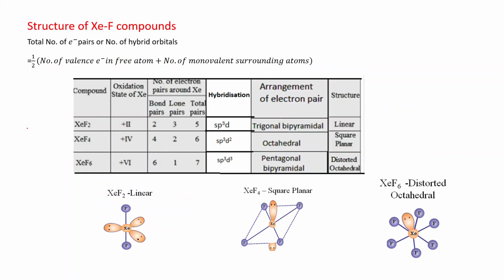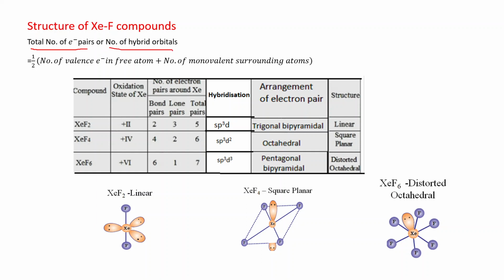Structure. This is again one of the important parts of group 18 elements. Structure of xenon-fluorine compounds. We can determine the structure either by VSEPR theory or by the hybrid state of the central atom. In both cases we have to find the total number of electron pairs, and this total number of electron pairs will be equal to the number of hybrid orbitals.